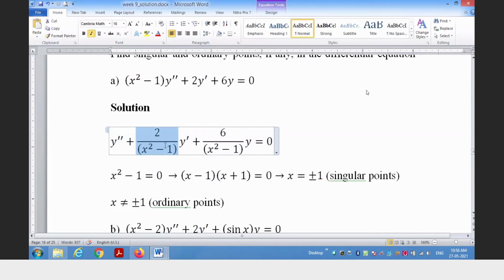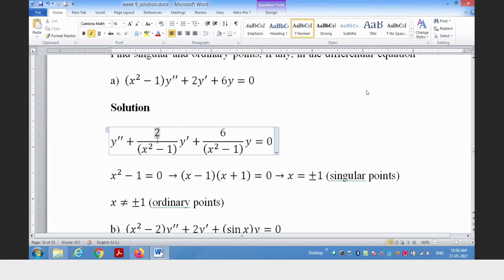P1 will be undefined if and only if the denominator is equal to 0.